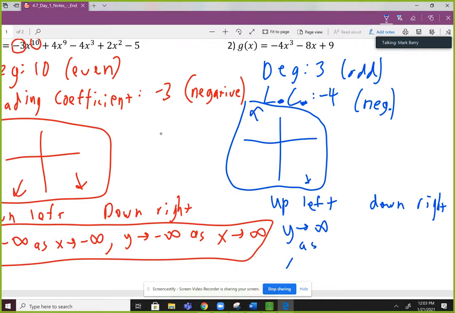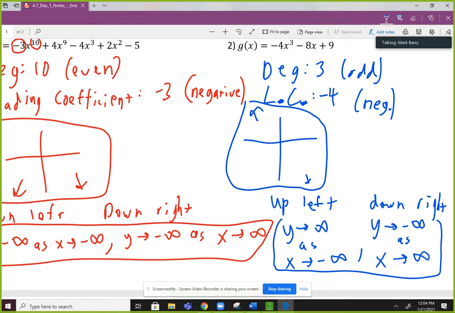Left is referring to x, and we know x is negative if it's left. Down is referring to y, and we know down is negative for y. And then right is referring to x, and it's positive for x.